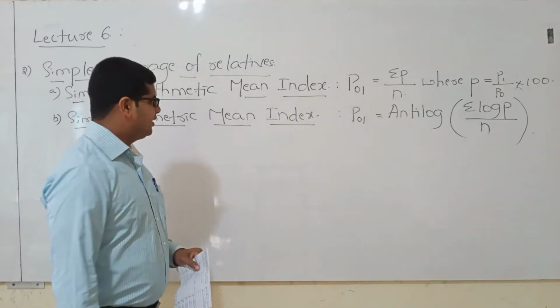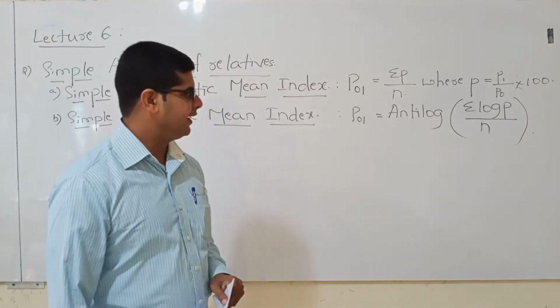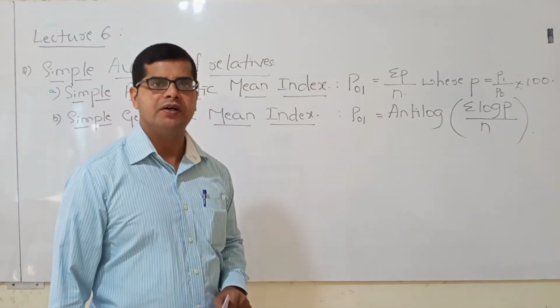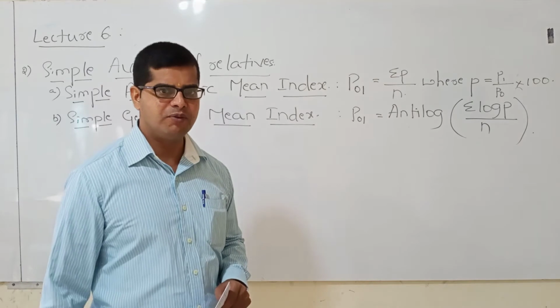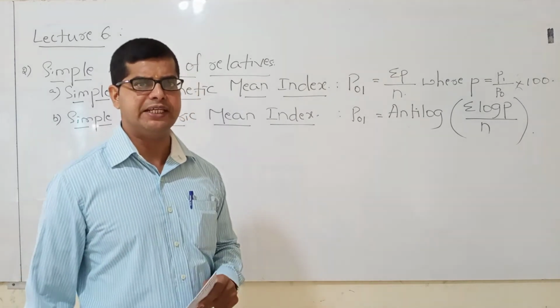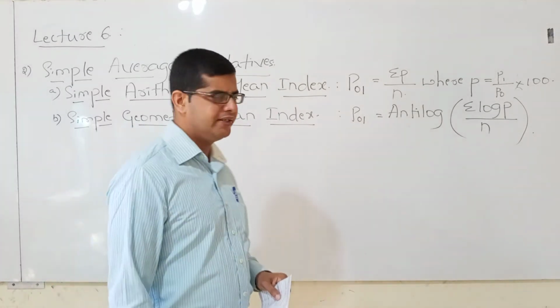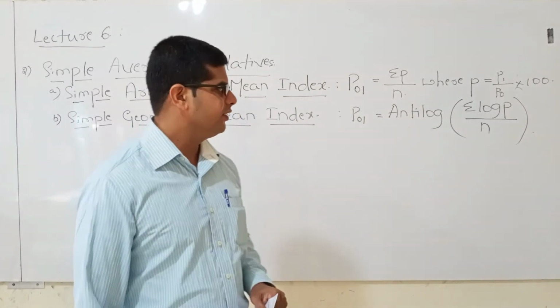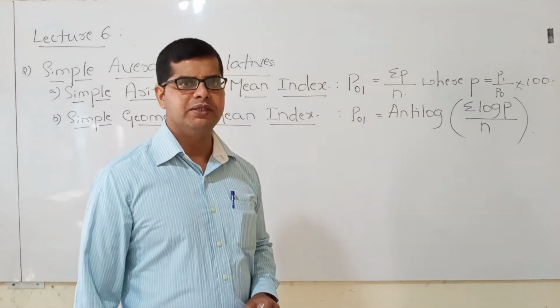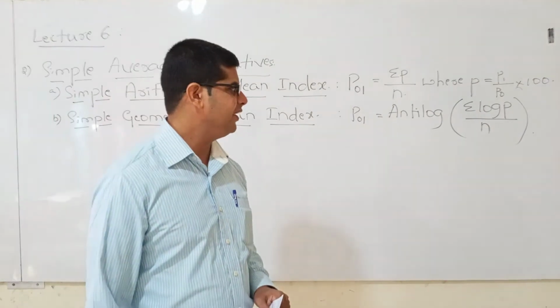So simple geometric mean index P01. Again we are finding the relative price level changes of the commodities by applying this formula. P01 is equal to anti-log into bracket summation log P divided by n.